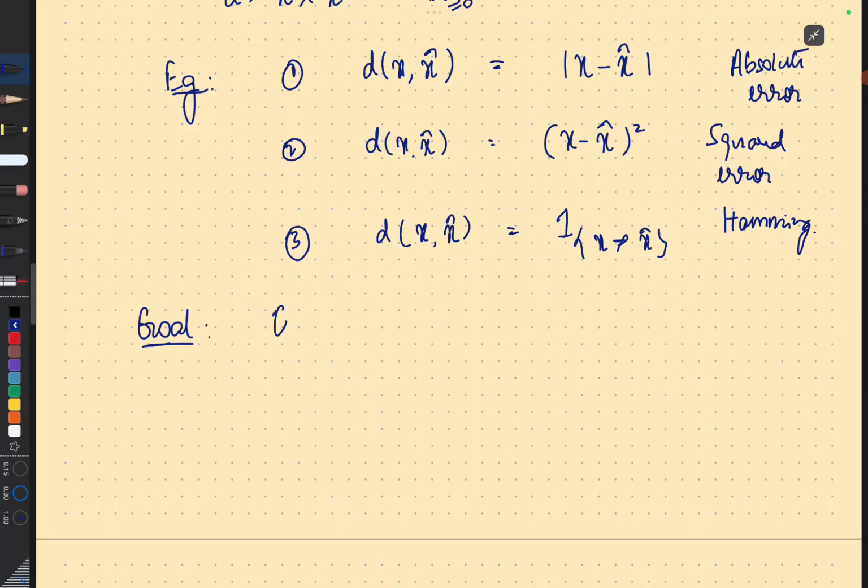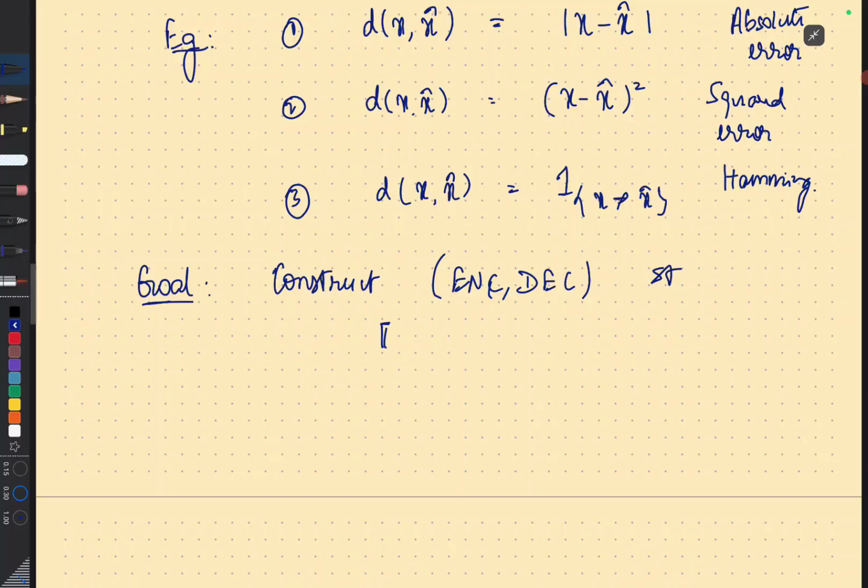So the goal is to construct this compression scheme, which is to construct the encoding algorithm and the decoding algorithm such that the expected distortion, which is 1 over n summation of the distortion between xi and xi hat, should be less than or equal to some number capital D. So this is the amount of distortion that you're willing to tolerate.